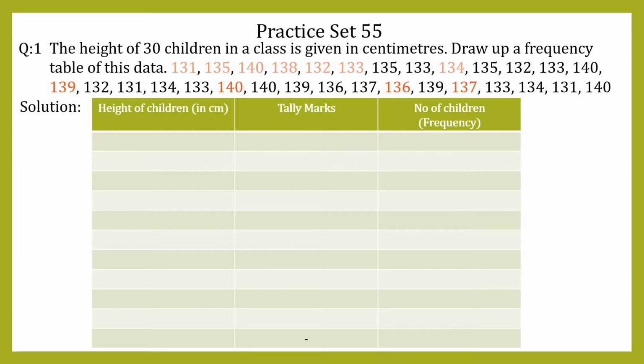Now you can see in the given data, few numbers are highlighted with red color. So these numbers are nothing but I have highlighted once, means we need to write these numbers in table in sequential order. Now first number is 131.